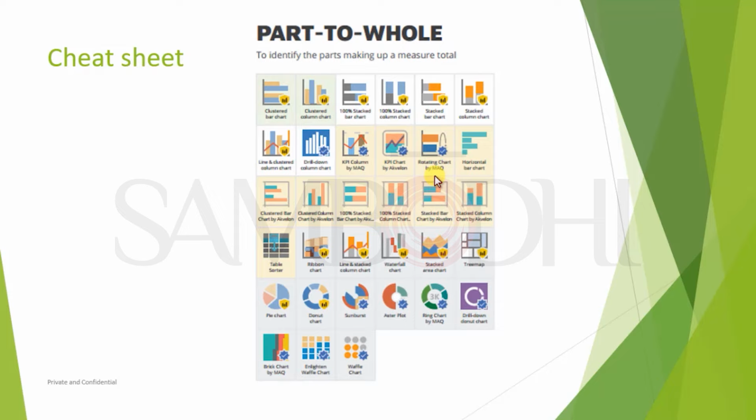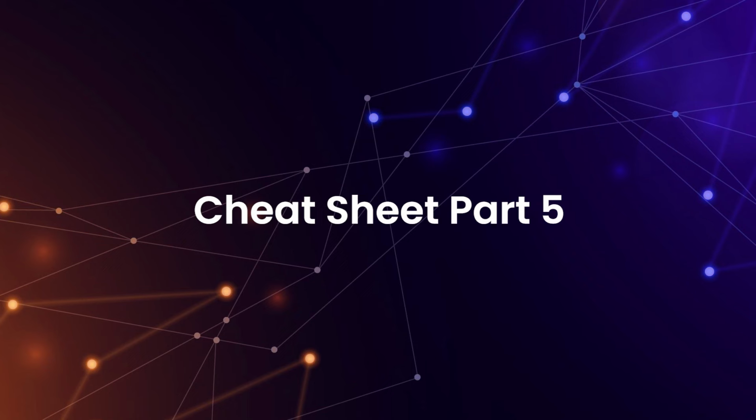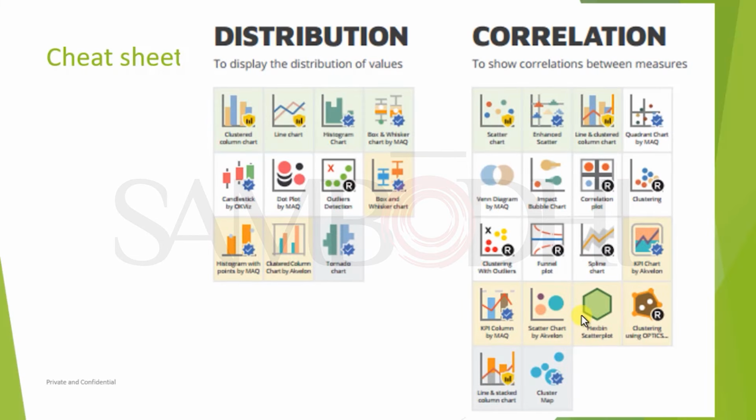So when you have something in relation wherein the whole can be broken down and decomposed into smaller parts, and you want to track those smaller parts, you have to make use of these charts shown on the screen. Distribution chart. It is used to display the distribution of values.